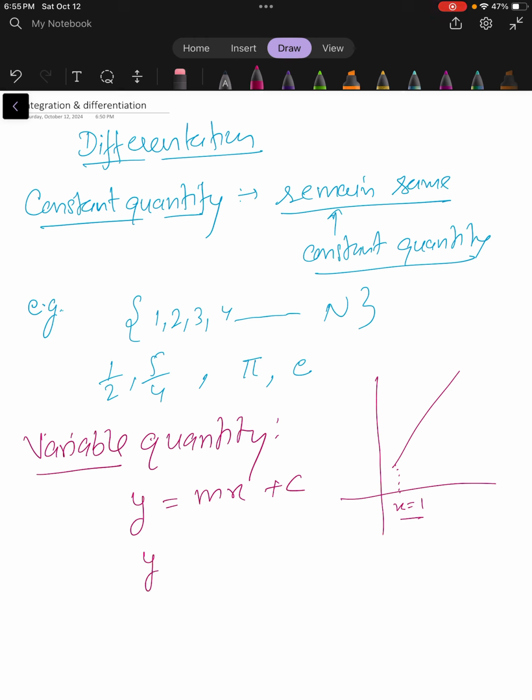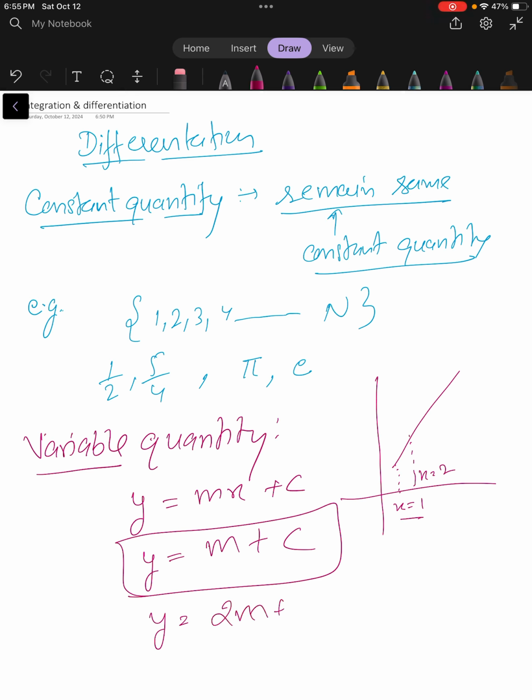Taking the value of x as 1, y is m + c. If the value of x is 2, then y is 2m + c. When we substitute the values of m and c, we get the result.